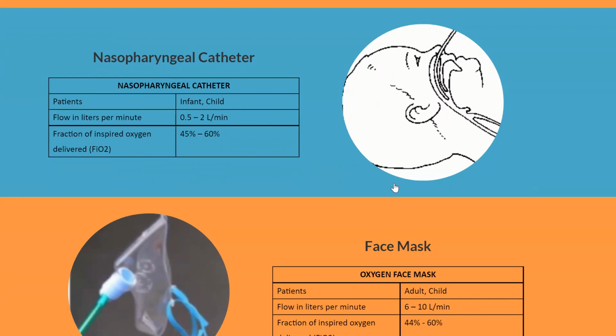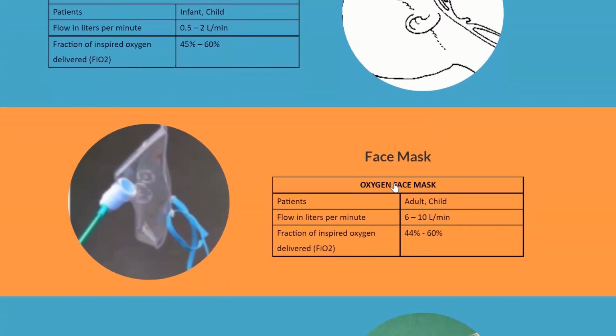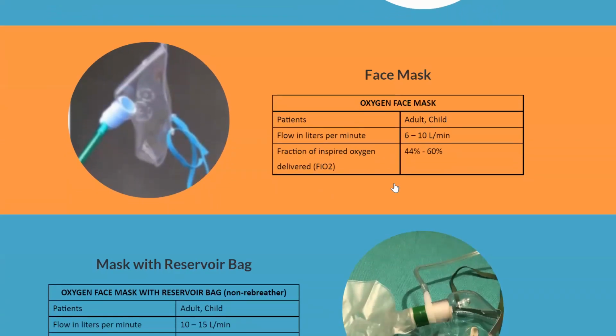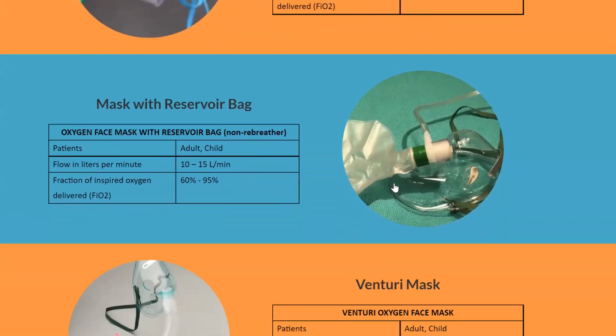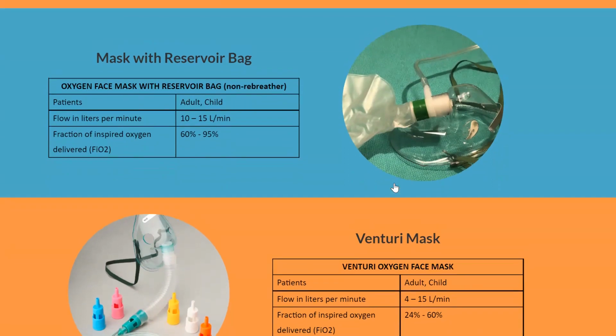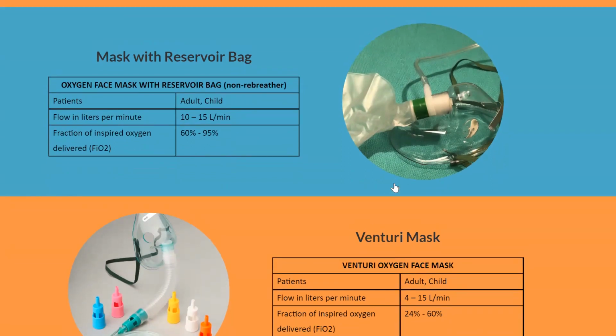But the face mask, I think it's commonly available, and you can go from 6 to 10 liters, and you can achieve a high FiO2 around 60. And the other option is a mask with reservoir, where you can have about 10 to 15 liters, and you can achieve a high FiO2 around 95.